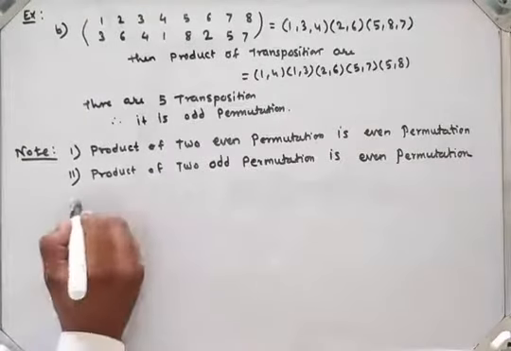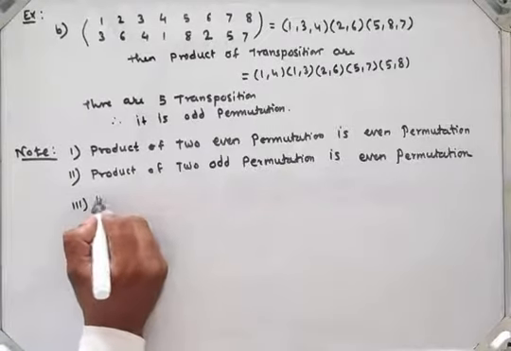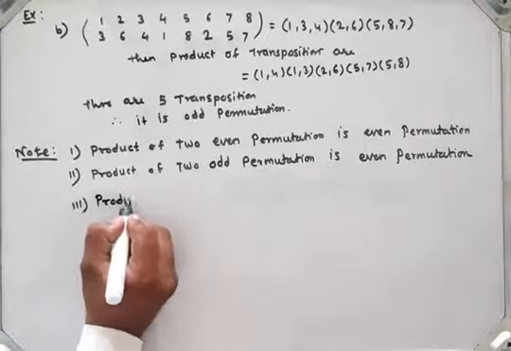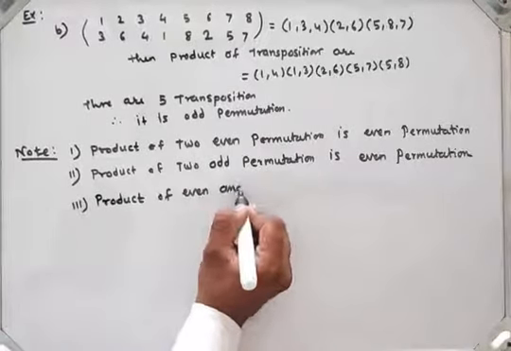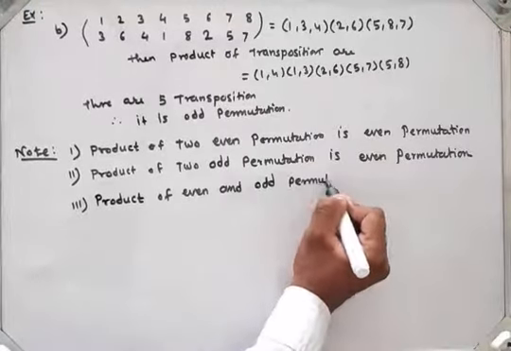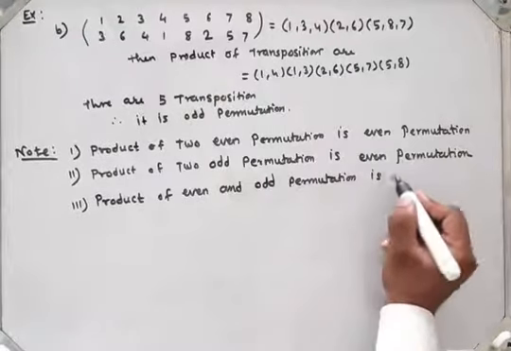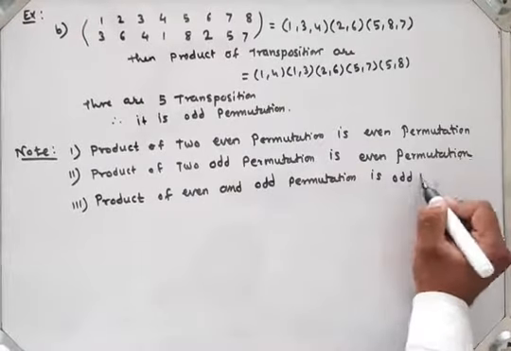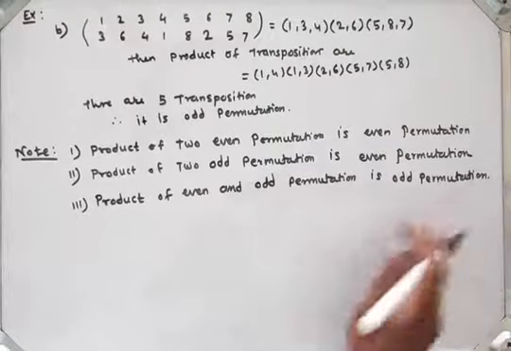But the product of an even and an odd permutation is an odd permutation, which is very important.